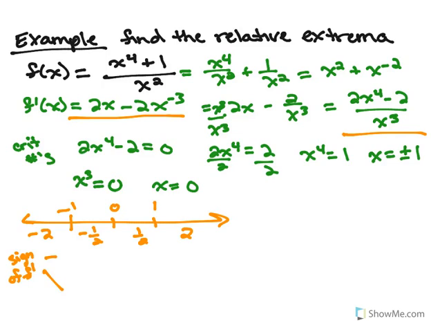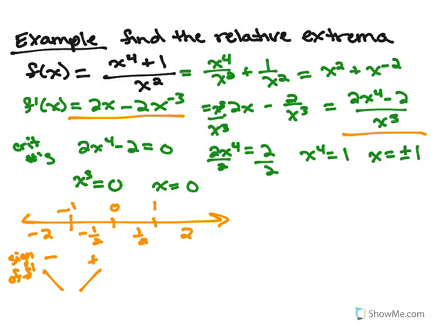If I plug in -1/2, in the denominator, we're going to get a negative number because I'm cubing a negative. In the numerator, -1/2 to the 4th is 1 over 16. So times 2, 2 over 16 is really 1/8, and 1/8 minus 2 is going to be negative. So we have a negative over a negative. I get a positive. So I don't even need to know what the number is.